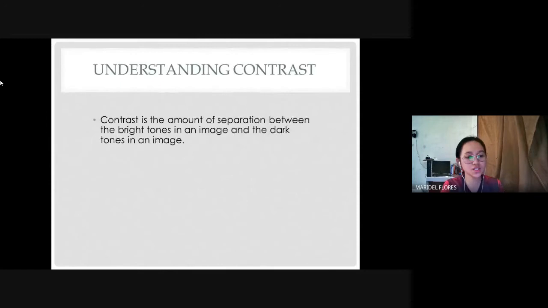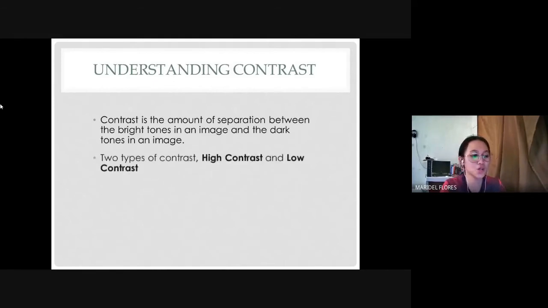So contrast is the amount of separation between the bright tones in an image and the dark tones in an image. We will discuss contrast so that you will be able to understand what variable contrast paper is. Later I'll show you an image to visualize the differences between bright tones and dark tones.